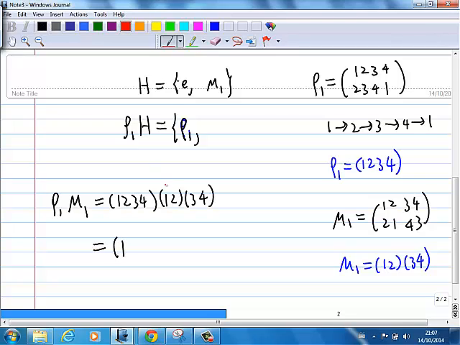So, 1 go to 2 first. Move forward, look for 2. 2 go to where? 2 go to 3. There's no more 3 in front. Then you write down 1 eventually goes to 3. Next, I want to figure out where does 3 go to now. So from the back, I know 3 go to 4.